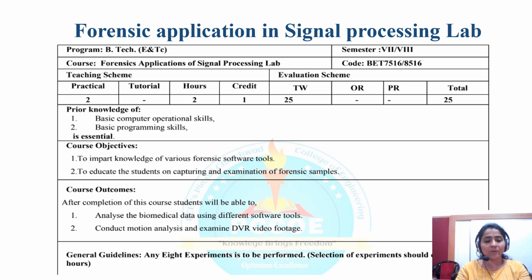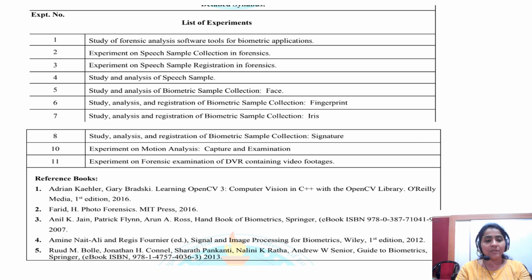Mostly the experiments cover the different tools for biomedical data analysis, as well as analysis of different evidence in terms of motion, video, and images, so that the student can analyze or find the evidence using these tools.